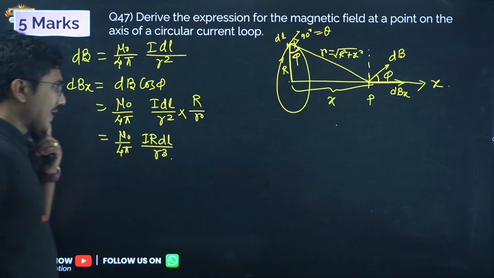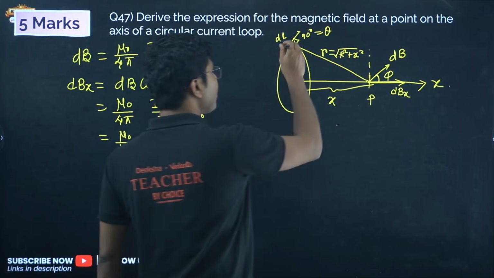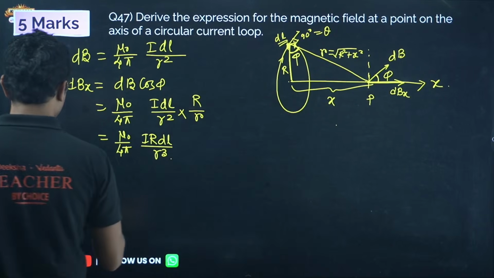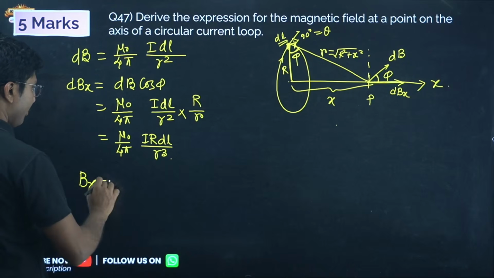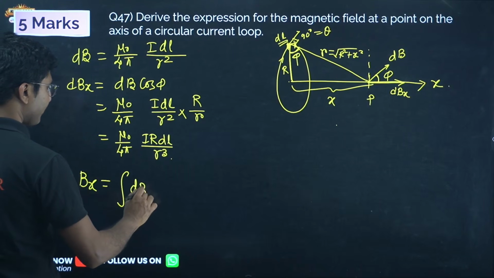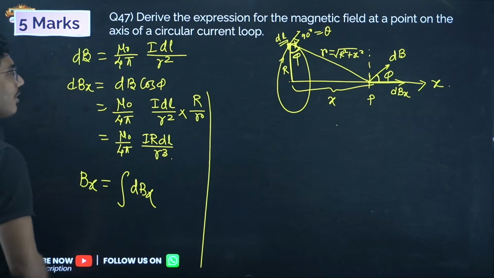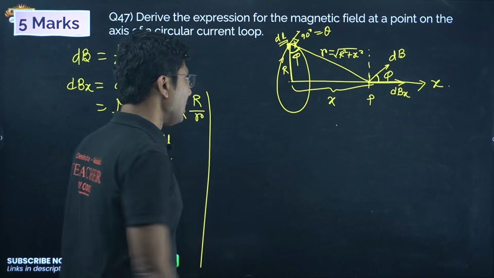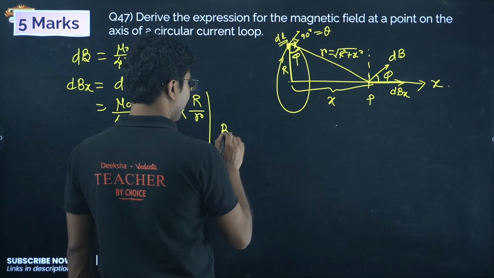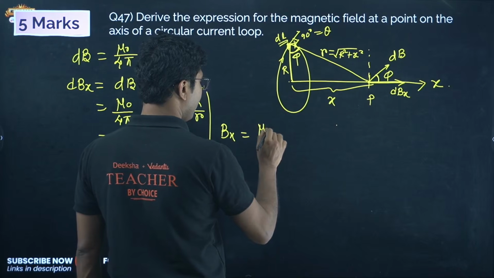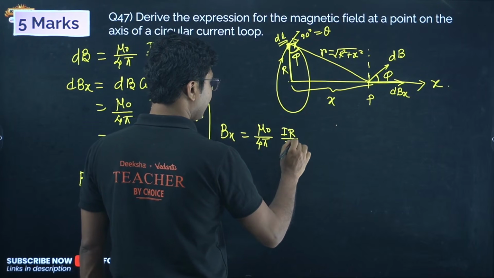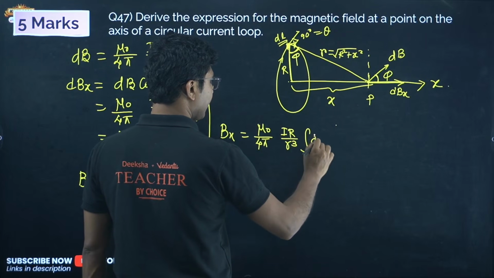Obviously this is due to a small portion dl. So to find the total magnetic field along the x component, we have to integrate dBx. Integration means here only dl will be integrated, the remaining stuff are all constant. So we get the magnetic field along x as mu naught by 4 pi, I R by r cube, integration of dl.